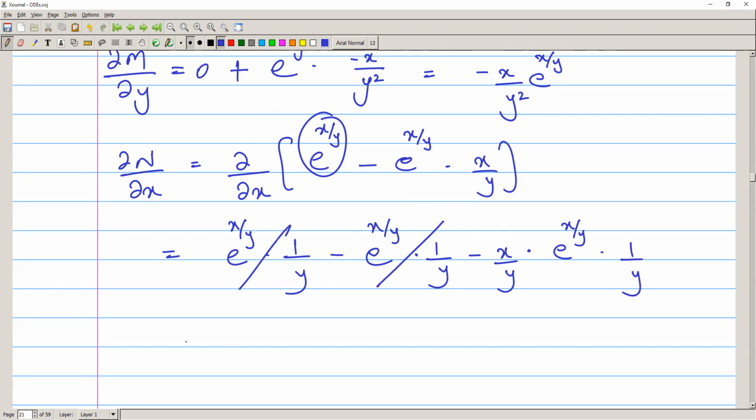So this cancels out and we are left with negative x over y squared e to the power x over y. That is the partial of N with respect to x.